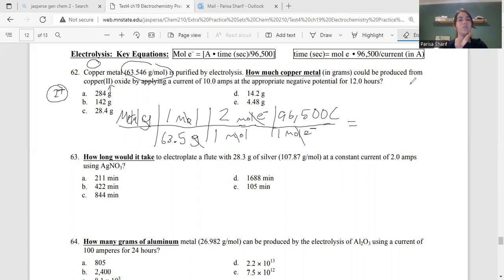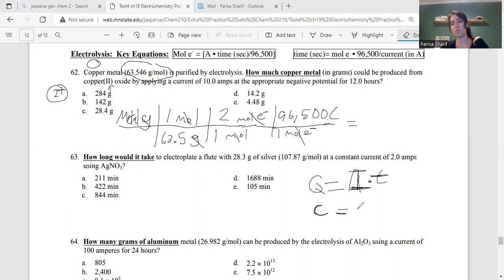So charge, this equation is very important, a famous equation. Q equals I times T, where I is current and T is time and Q is charge. But the thing is, Q, the charge, the units for it are in coulombs.